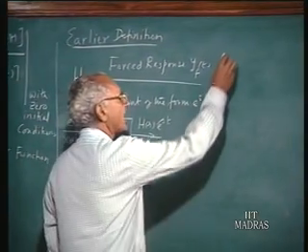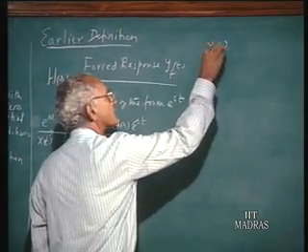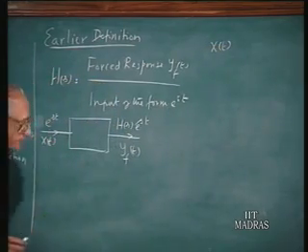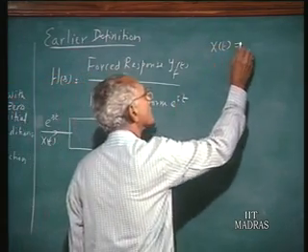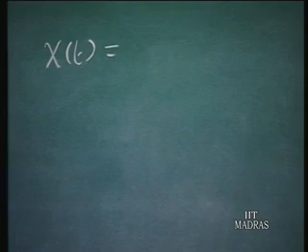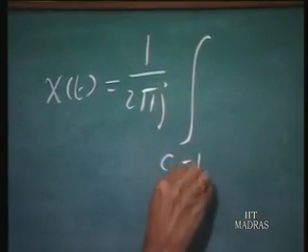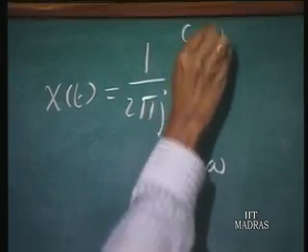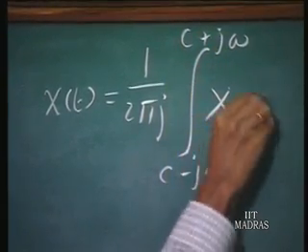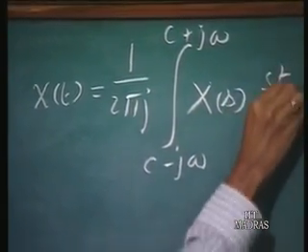We know that x of t from the Laplace transformation theory is related to X of s by 1 over 2 pi j, c minus j infinity to c plus j infinity, of X of s e power st ds.